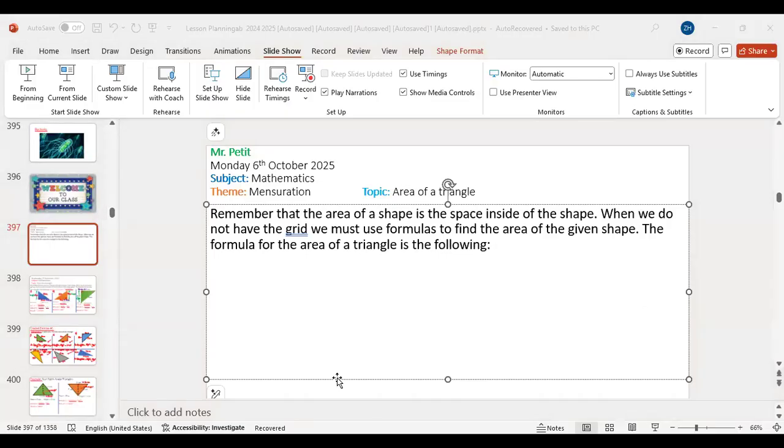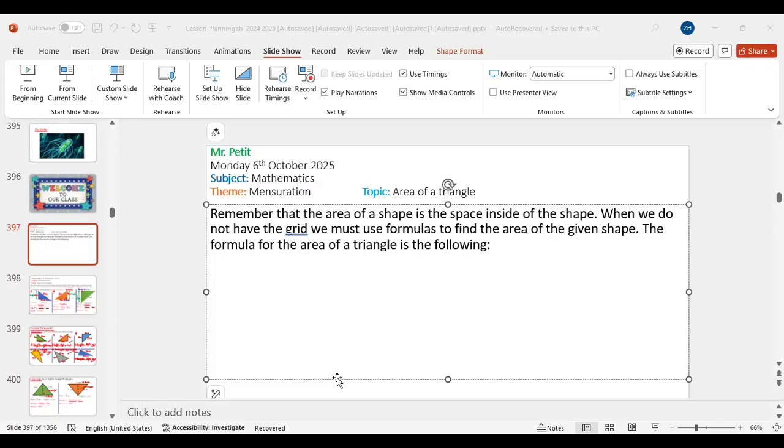No, the formula. What's the formula for the area of a triangle? You all should know this. Length times width.